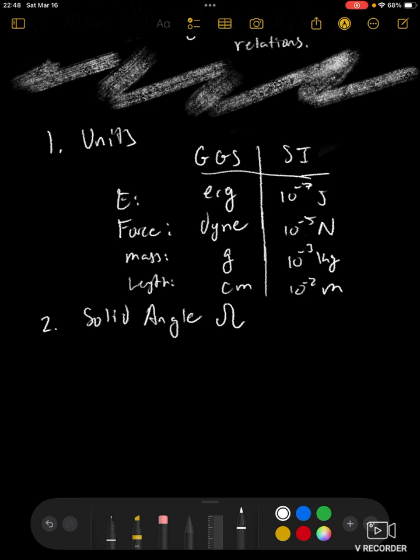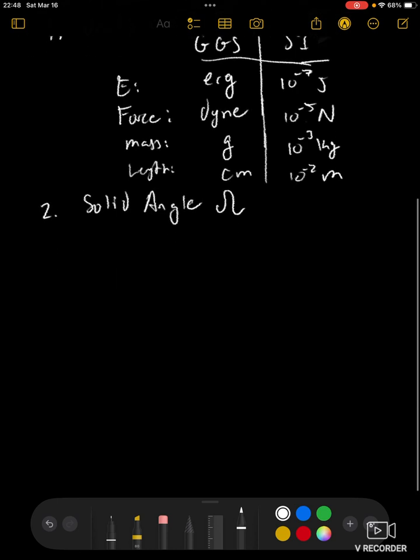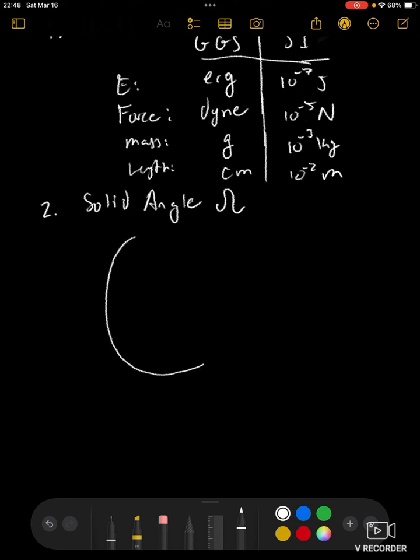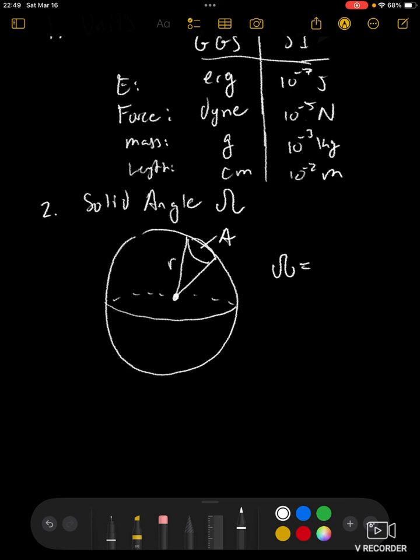But anyhow, going over solid angles briefly is something I might actually explore further in another topic. But basically, single point right here. This is the radius r, and this right here is the area. Essentially, just to put this in basic units, the solid angle is the area over r squared, r being the distance.